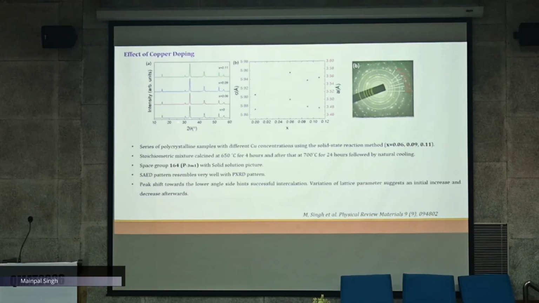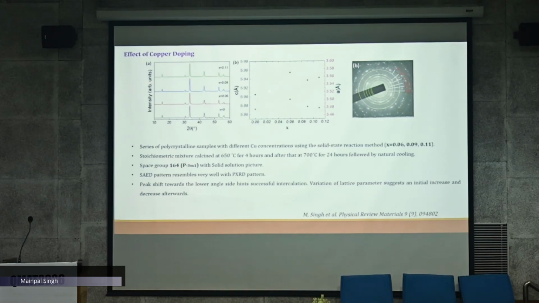As we can clearly see, the space group is 164, trigonal symmetry, P3 bar M1, and this is the SAED pattern. It clearly accompanies the XRD pattern beautifully, and the peak shift toward lower angle in the XRD hints toward successful intercalation. The variation of lattice parameter is shown in this graph.